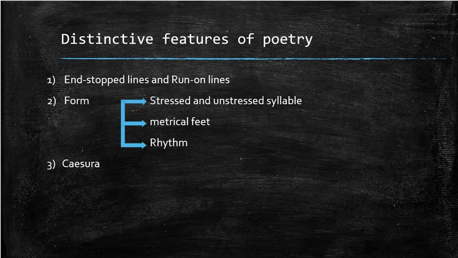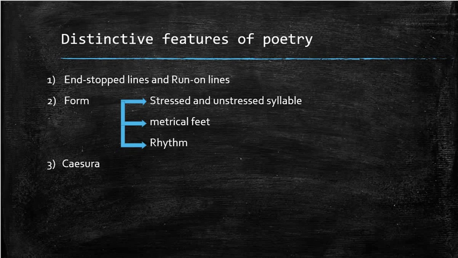As for the run-on lines, the meaning or the grammatical structure continues to the next line, and that means we don't have a punctuation mark at the end of the line indicating that the meaning or grammatical structure has ended. That's why we call it run-on lines.